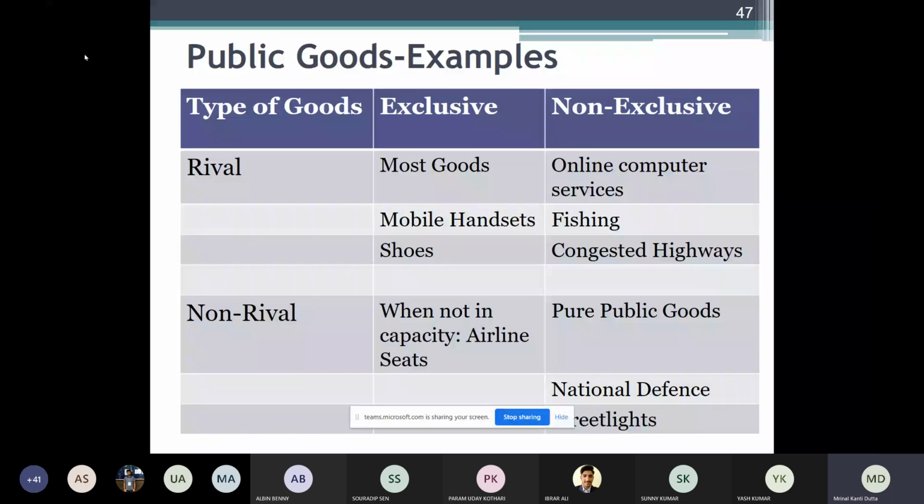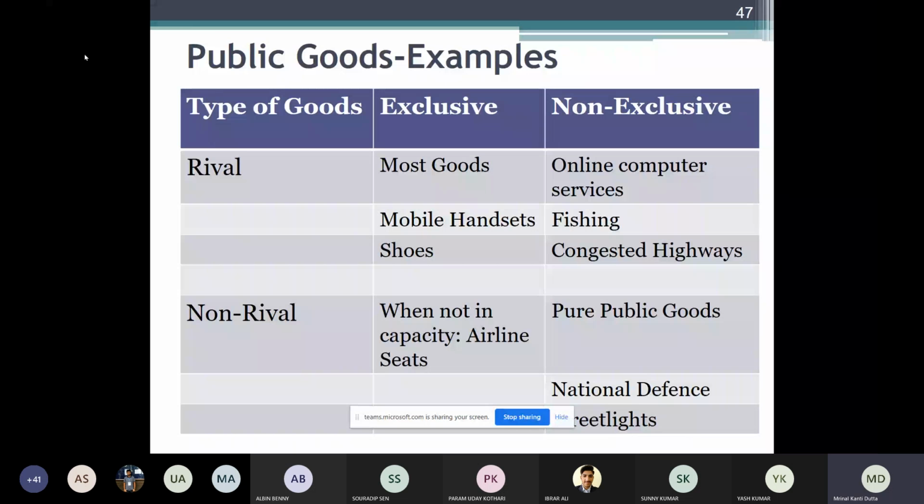Normally, we talk about Pareto efficiency. That basically means if there are a number of people, it will be impossible to increase the welfare of anybody without reducing the welfare of at least one person in that group or society. That is Pareto efficiency or Pareto optimality.